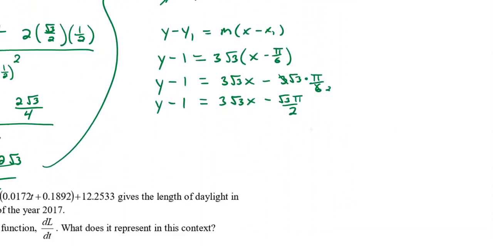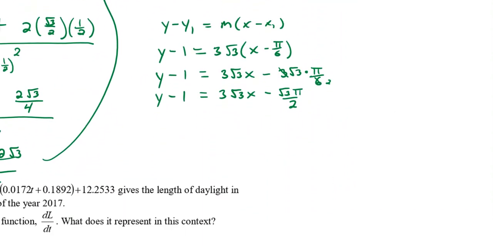Okay, so I got to get rid of that 2 in the denominator. So I'm just going to multiply everything by 2. So multiply this by 2, this by 2, this by 2, and this by 2. So now we've got 2y minus 2 is equal to 6 root 3 x, and then those cancel. So minus root 3 times pi.